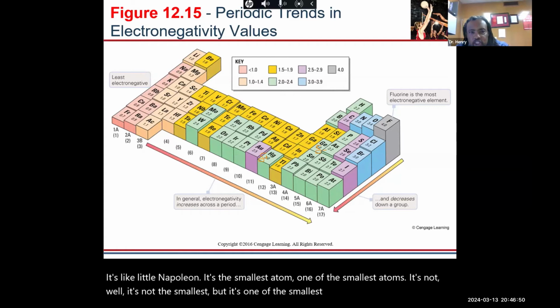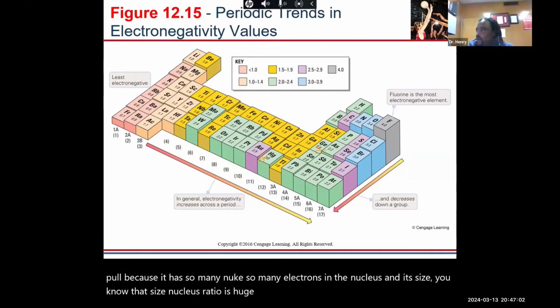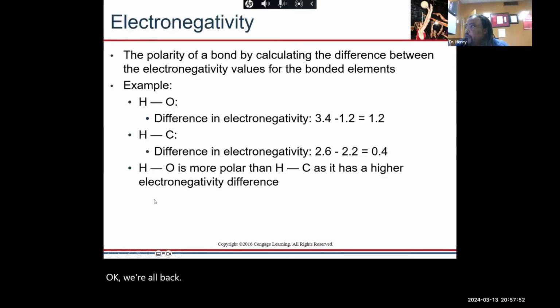But it has such a strong pull because of its number of protons in the nucleus and its size. That size to nucleus ratio is huge, so it has such a huge pull. So we've already talked about electronegativity, and this just reinforces that.